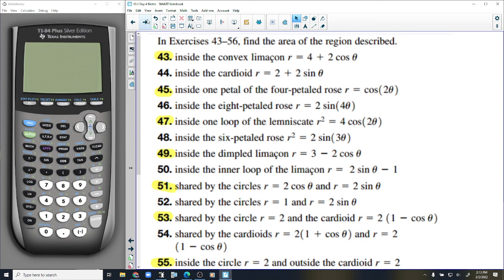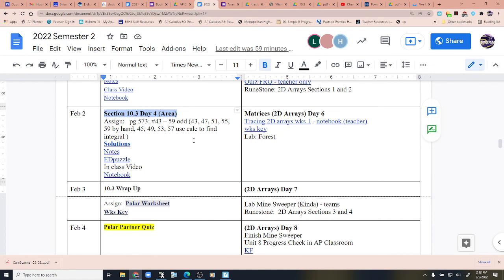Oh, I don't want you to do all these by hand. I almost forgot to tell you. I don't know how often you actually look at my schedule here. But I wanted you to at least set up a lot of these, but not have to do all of them by hand. So I'll even leave this on the video. 43 to 59 odd.